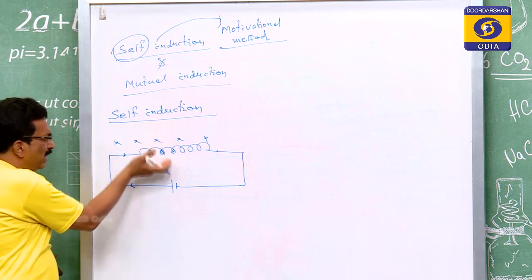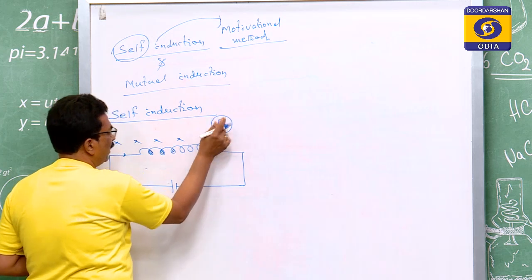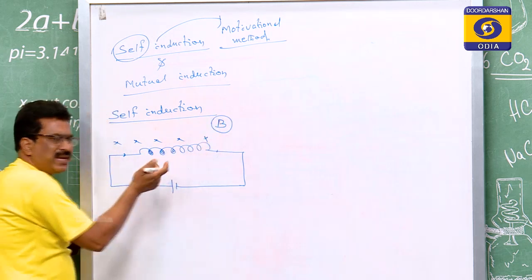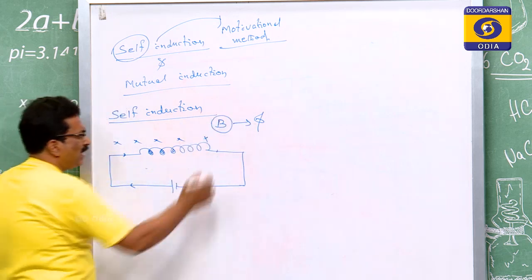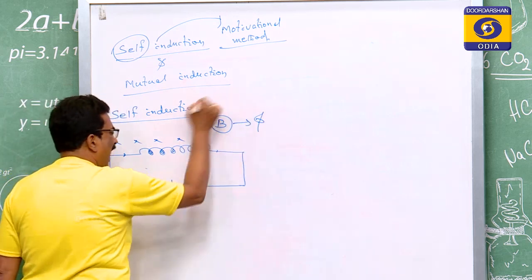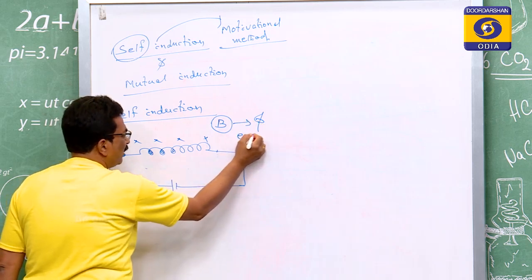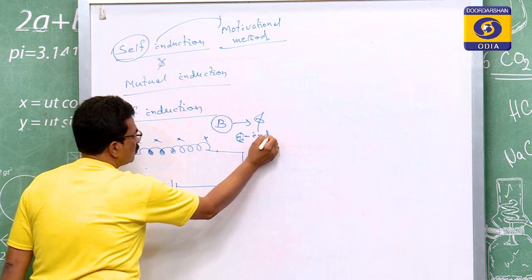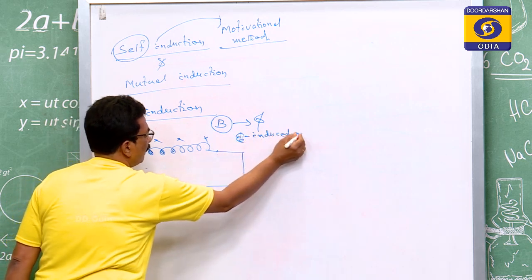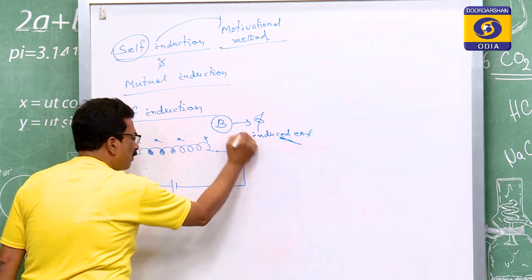When the field is changed, there is a change in the value of B. When the field changes, there is a change in its flux. And due to the change in flux, as we came to know, when the flux changes there will be an induced EMF. When the induced EMF is there, there will be a current.